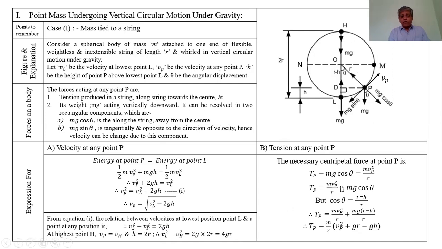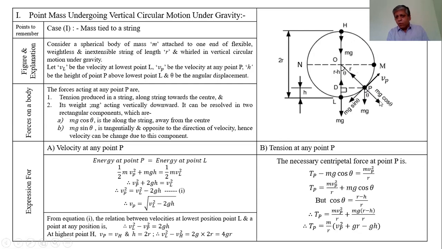Another expression is the tension at any point. The necessary centripetal force at point P, that is the force towards the center: here the tension produced in the string is Tp, and mg cos theta is the component of the weight of the particle.